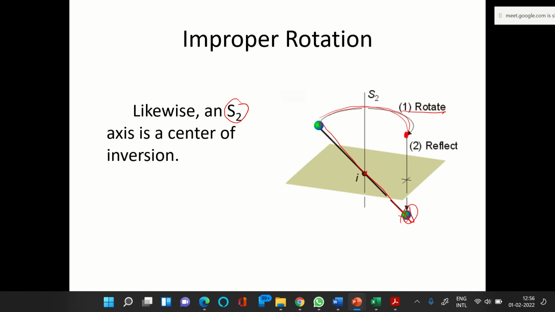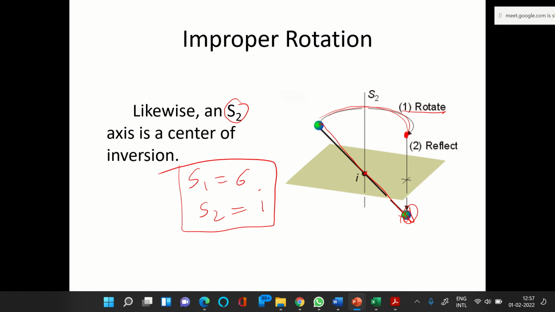So S1 is equal to sigma, S2 is equal to i, and so S1 and S2, these are axes which do not exist. We say that S1 and S2 independently do not form a separate operation.